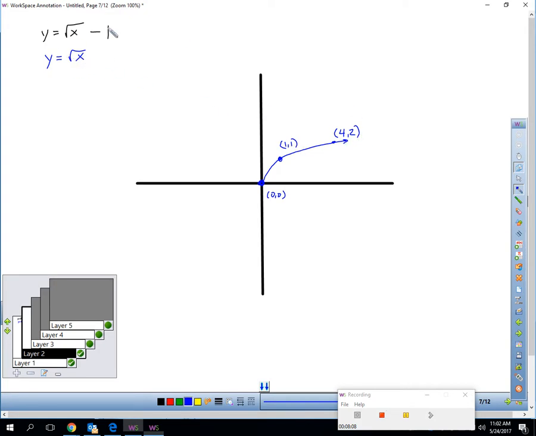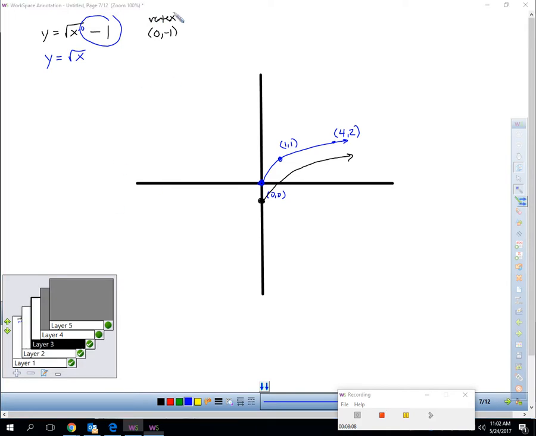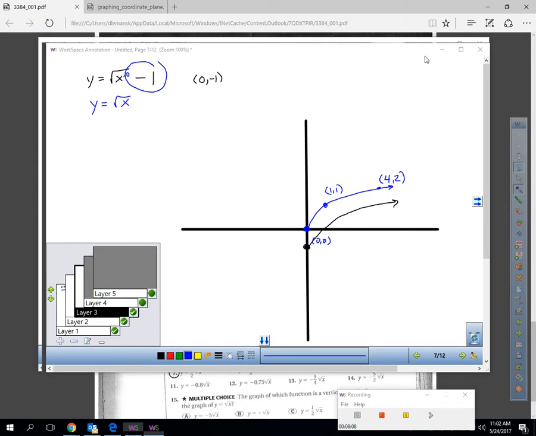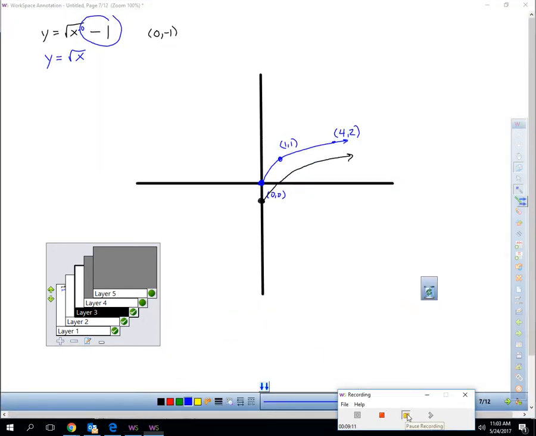Okay, let's sketch this. Okay, the vertex of this. Now you notice there was no number being subtracted in here, but then we had a minus 1 outside the radical. Can you see where I'm getting the (0, -1) for my, I shouldn't call it vertex, let me just call it my starting point. Okay, let's just erase that and call it the starting point, because it's not technically called a vertex. So (0, -1) would be my starting point.